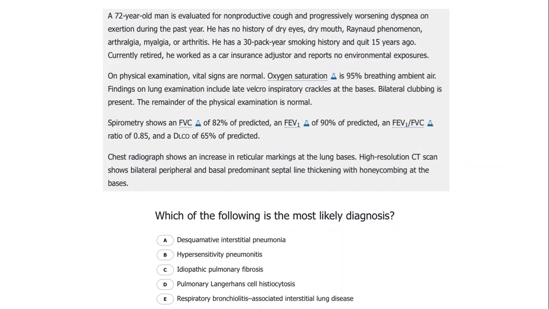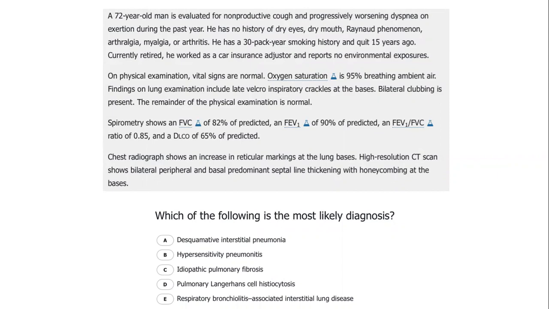Okay, who can make a clinical syndrome for us? Natasha. So this is a 72-year-old elderly gentleman who has symptomatic cough and dyspnea. Acute or chronic? It sounds like chronic. Mm-hmm. History of smoking.